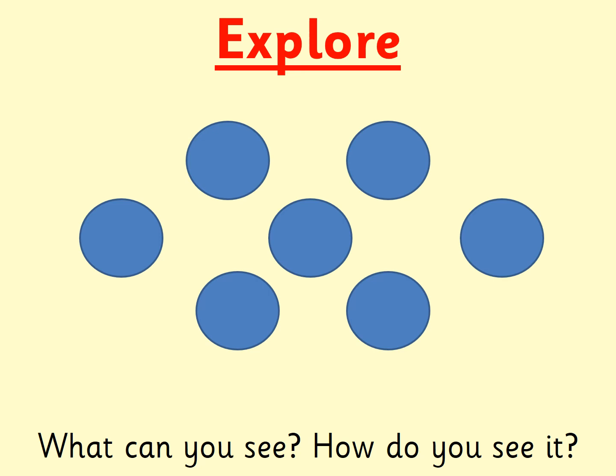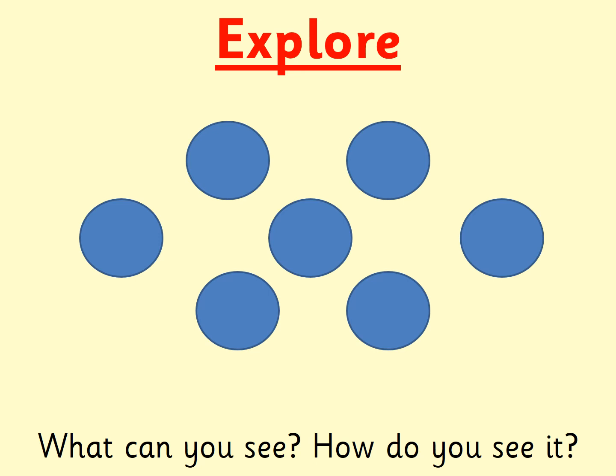I can see 5 counters in the middle that look a little bit like a dice. I can see 2 other counters on either side. I can see 3 counters pointing one way and 3 more counters pointing the other way and 1 in the middle. I can see 2 at the top, 3 in the middle and 2 at the bottom.